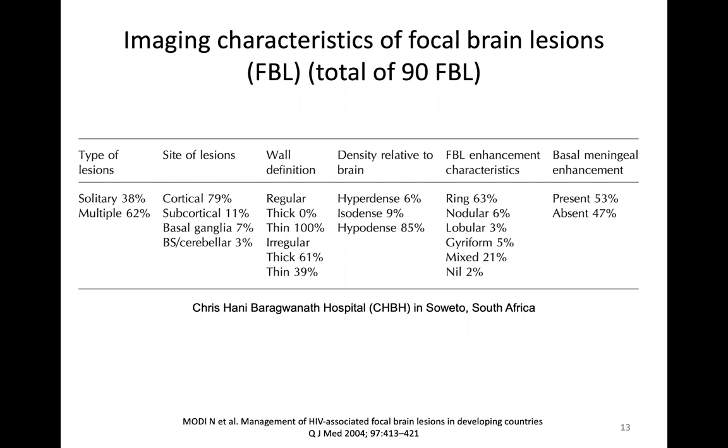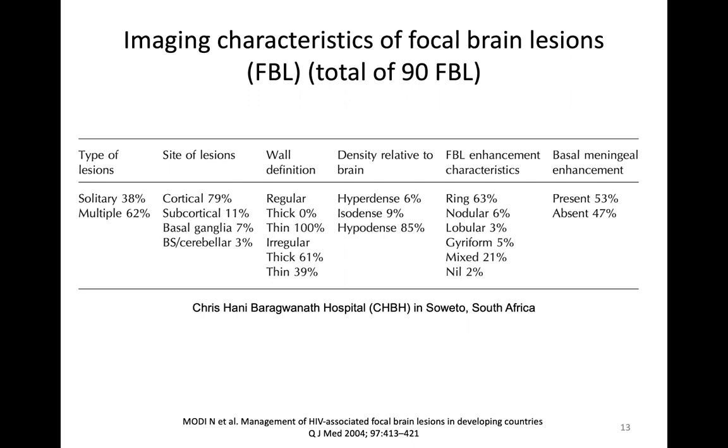And then sometimes you can find focal brain lesions, where you have ring enhancing lesions like the one you have just shown of that case of toxo. We call them ring enhancing lesions because the enhancement is in the periphery, like a ring. Then we can have nodular, where you see a solitary lesion that enhances homogeneously.